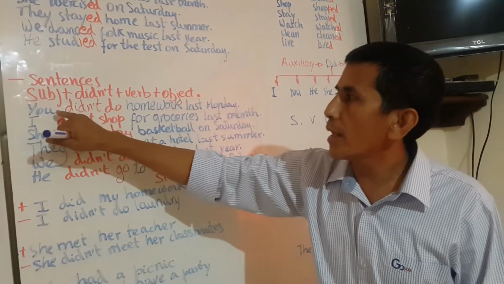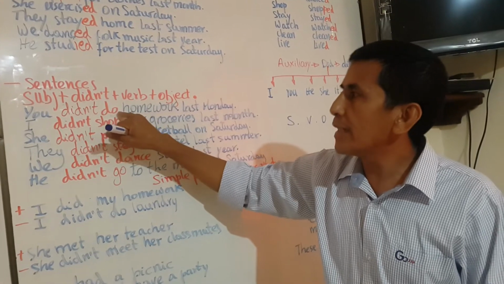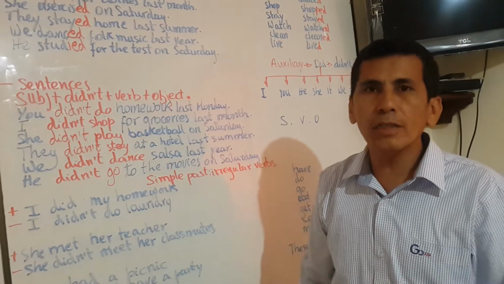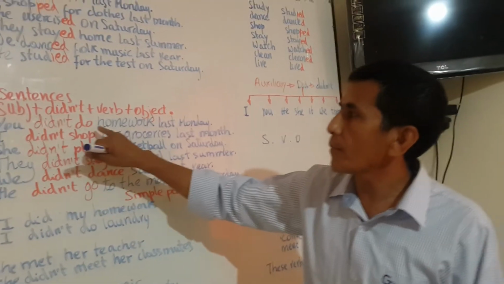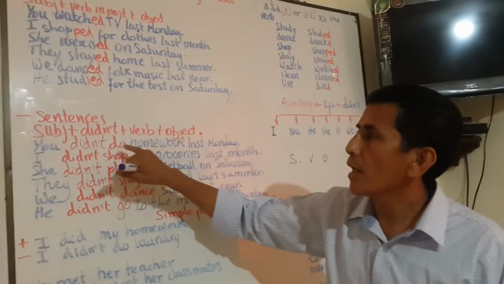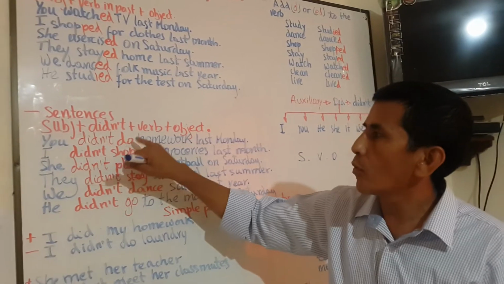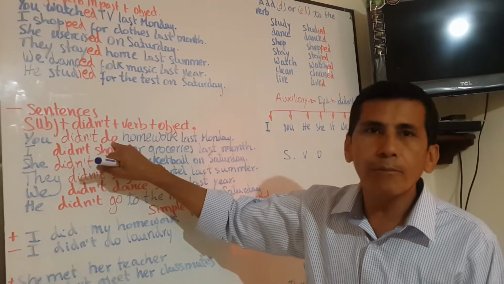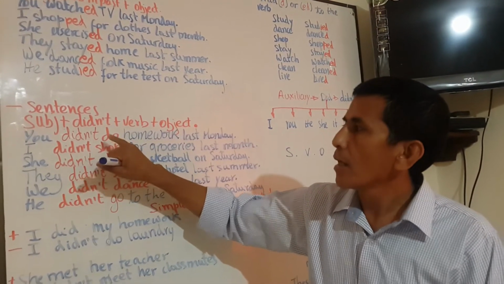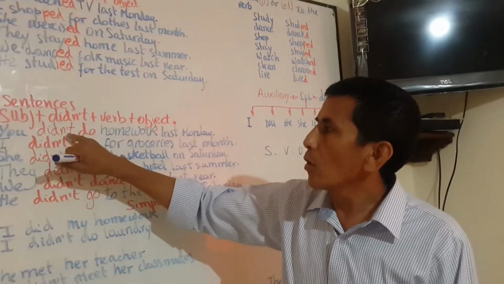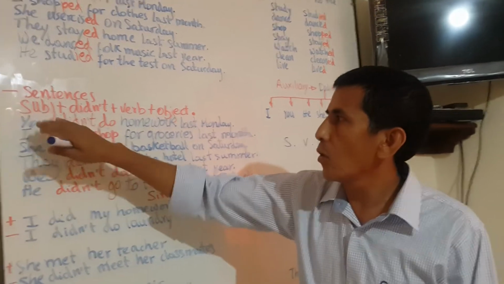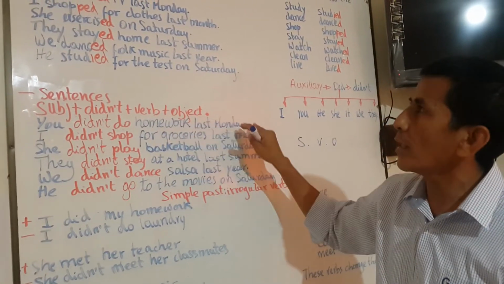You are not going to say you did do homework, because it's not necessary to use the past. You are going to say you didn't do homework. You are going to use the verb in base form, because we have the auxiliary did. So, you didn't do homework last month.